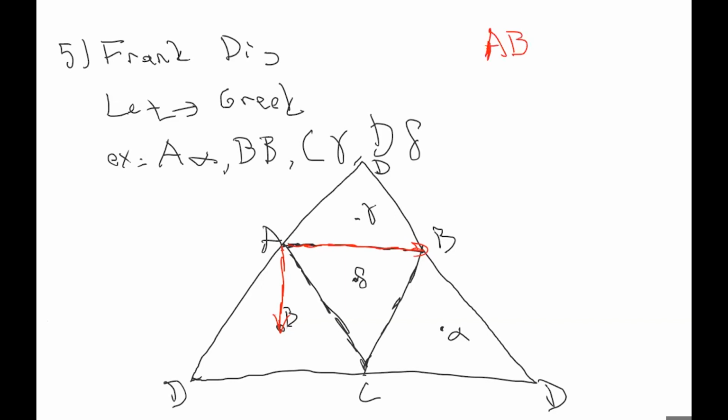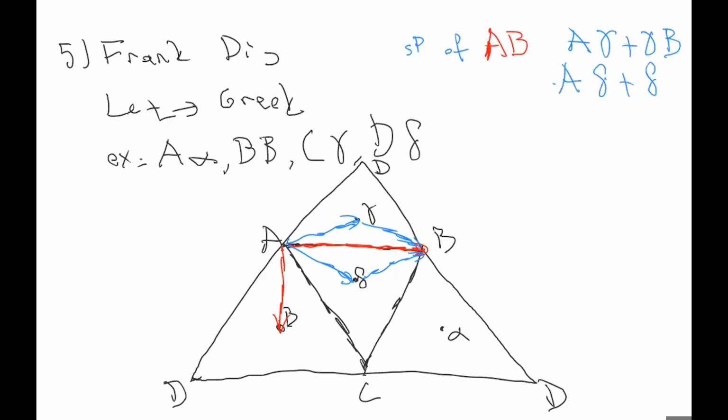So this can be the combination of either these two or these two. These are all Shockley partials. So the Shockley partials of AB can be A to gamma plus gamma to beta, or A to kappa plus kappa to beta.